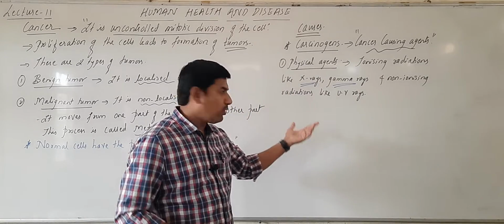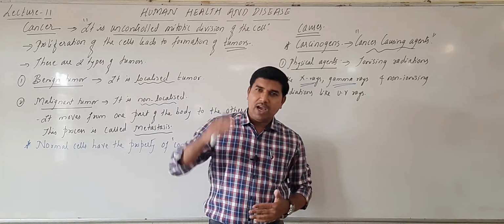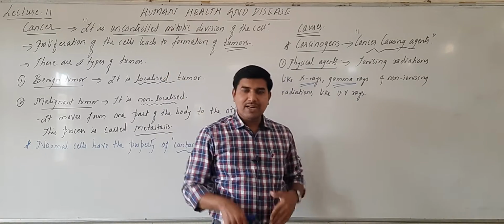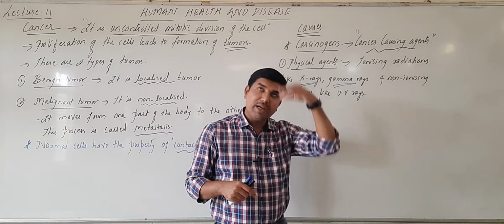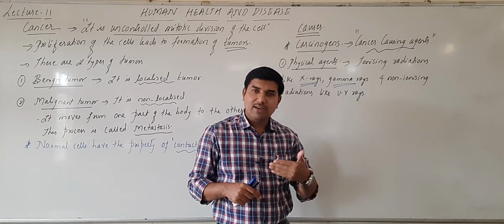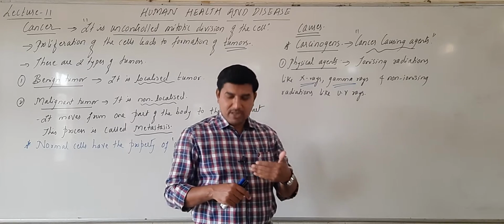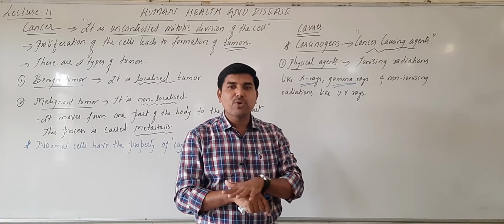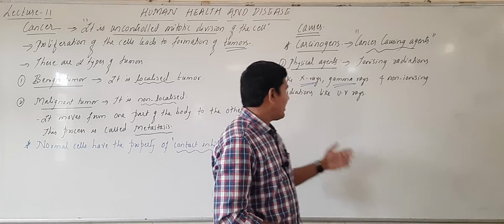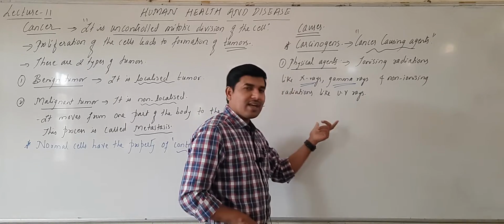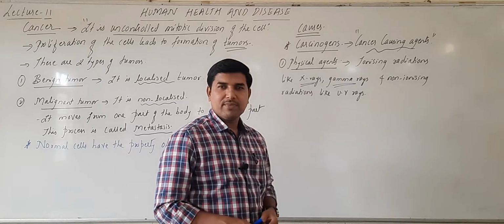Gamma rays are quite harmful. UV rays, as you know, ultraviolet rays from the sun, are trapped by the ozone layer. If the ozone decreases, then UV rays from the sun reaching humans are going to cause skin cancer. Hence these physical agents are responsible for cancer.